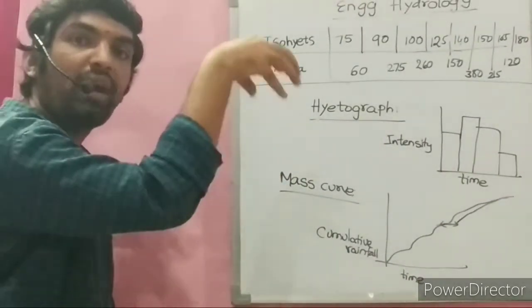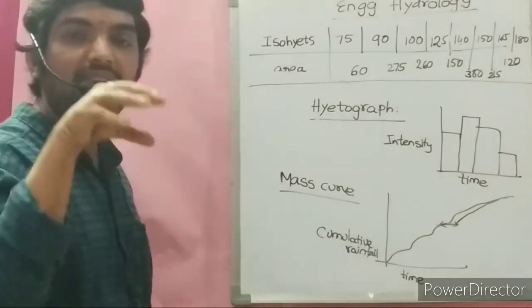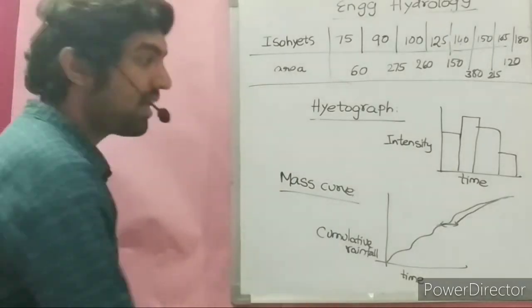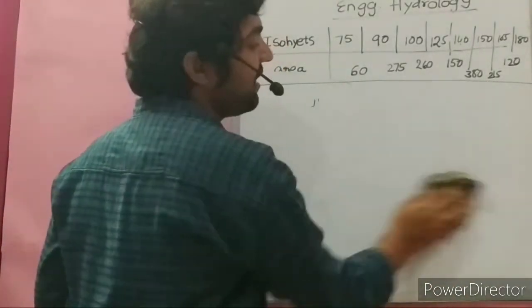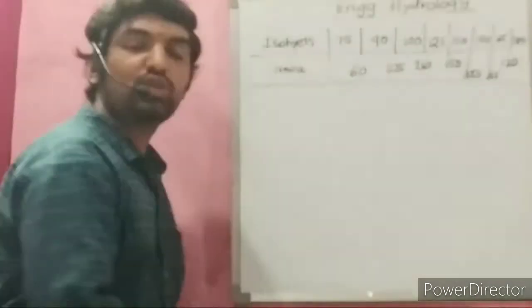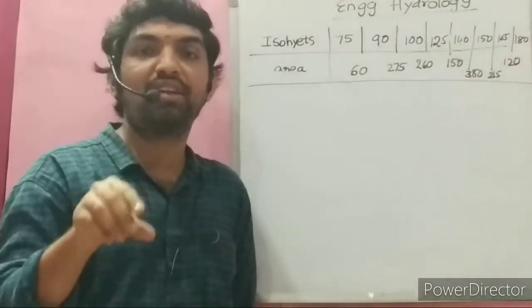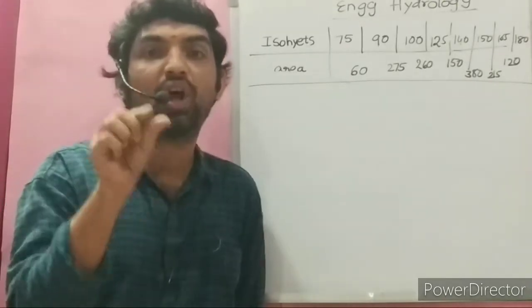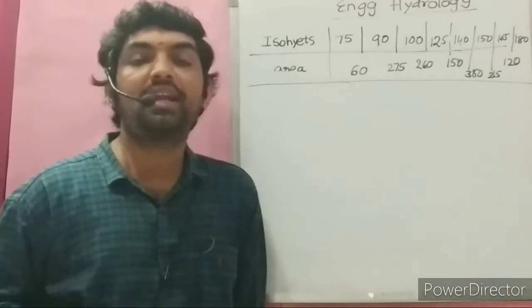How do you present the point rainfall station data? Point rainfall means, again I repeat, rainfall at a particular station measured by using the rain gauge. So we measure the rainfall by using rain gauges every time. Either due to lockdown or due to something, the person does not record the value of rainfall by using the rain gauge instrument on that particular day, let us say. Then there will be a discontinuity in the record.